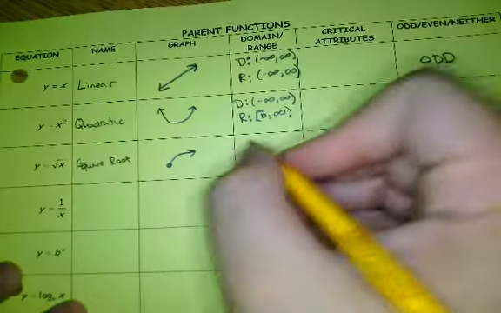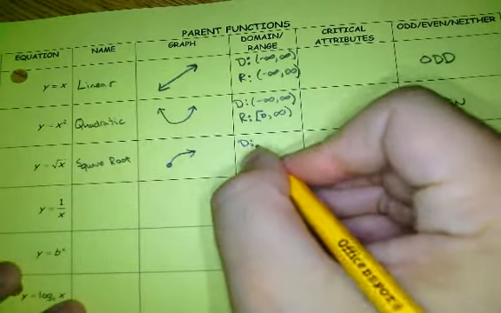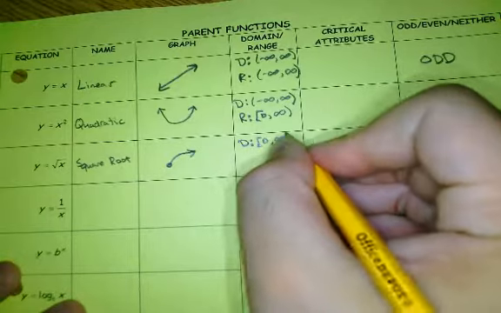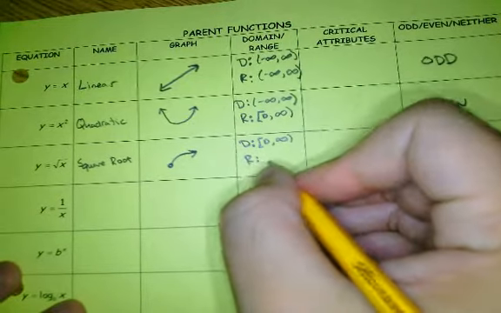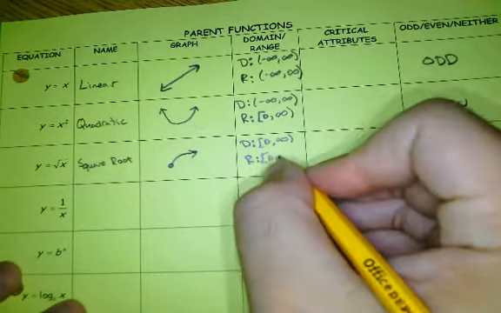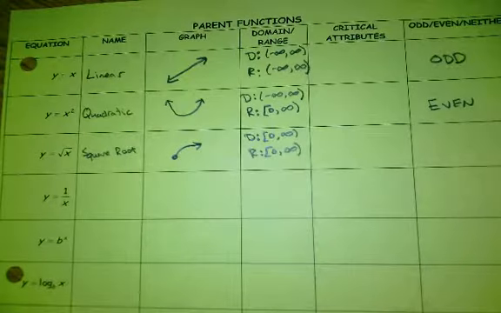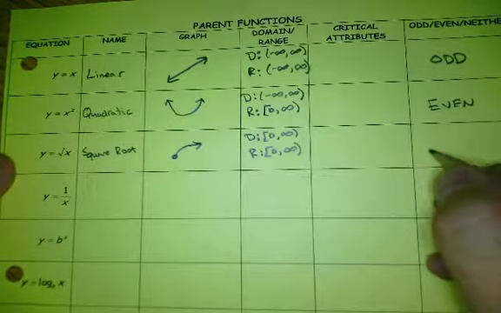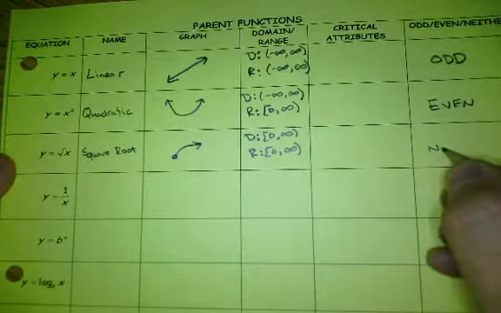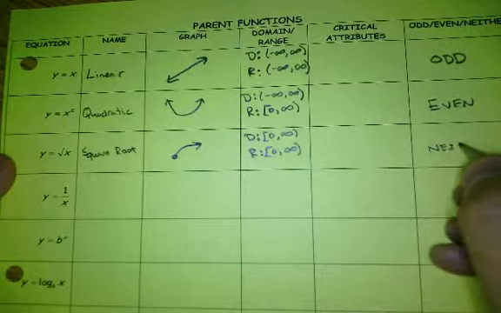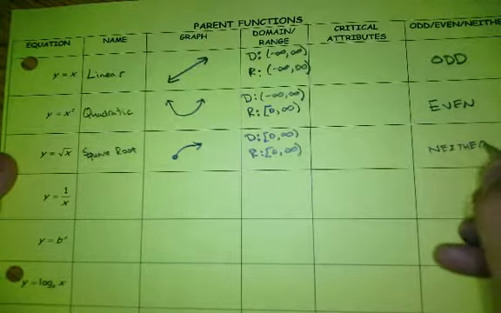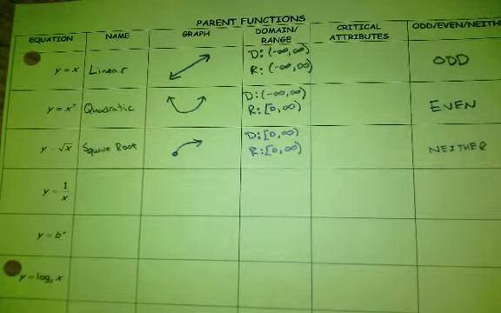The domain is 0 to infinity, and the range is 0 to infinity. Odd, even, or neither? Neither. You can't even plug a negative into that function.